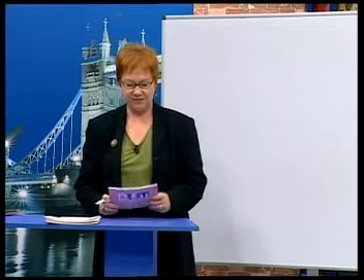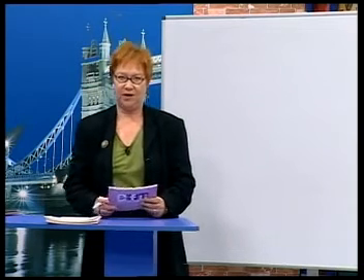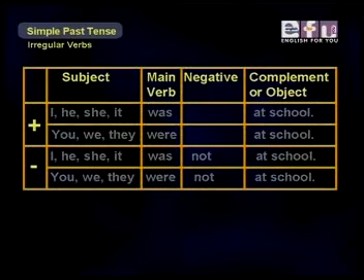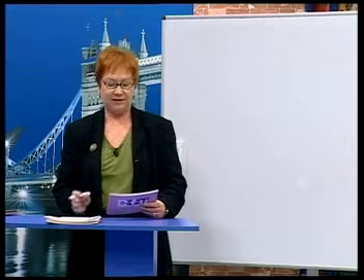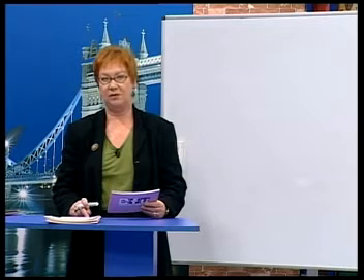Now, if you look at the screen, look at the examples on the screen, you can see how the sentences are put together. Now, we have subject, main verb, negative, and complement. I, he, she, it, was at school. I was at school. Subject, main verb, complement.